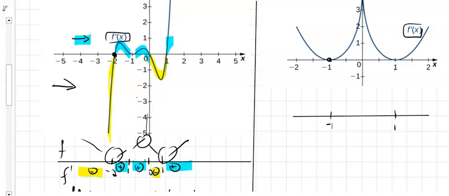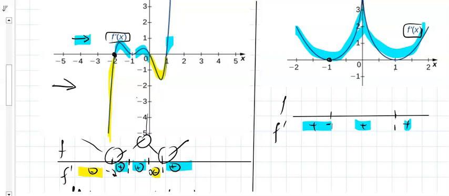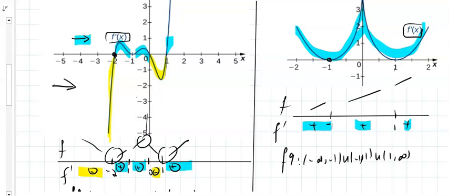Do you notice the graph is always above the x-axis, which means it's always positive, right? If the derivative is always positive, then the function is increasing, increasing, and increasing. F is increasing from -infinity to -1, union with -1 to 1, union with 1 to infinity.